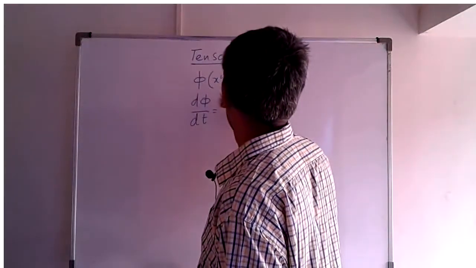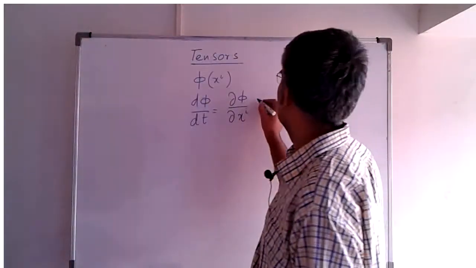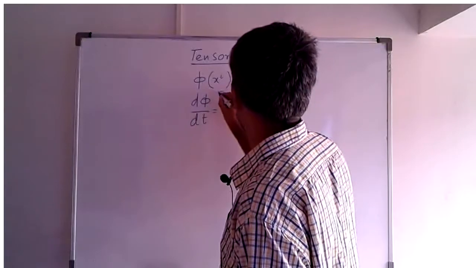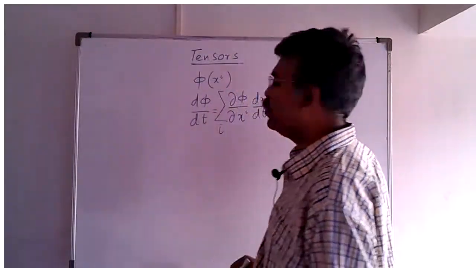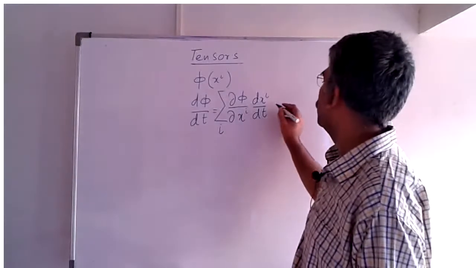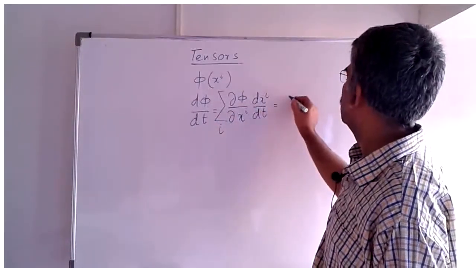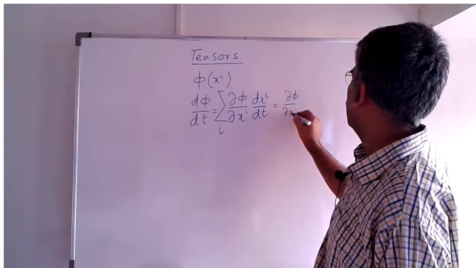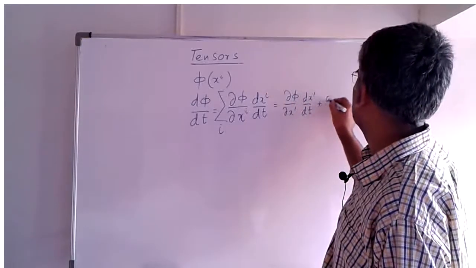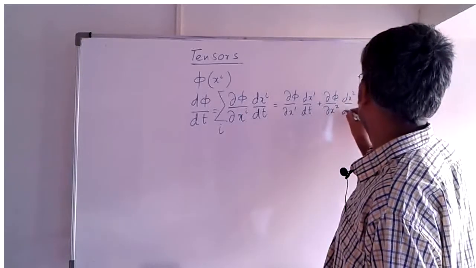So that will be del phi del x^i dx^i dt, sum over i, right? What it should be. So if you expand this, it is del phi del x1 dx1 dt plus del phi del x2 dx2 dt.